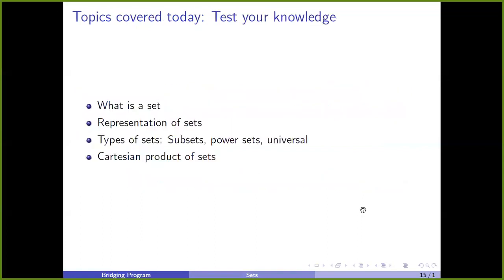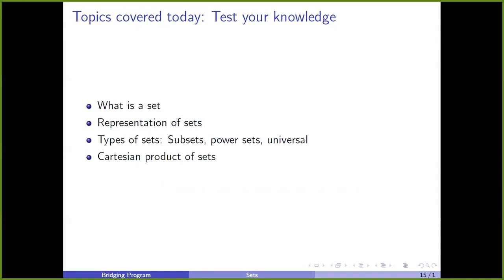Okay. So that's all that I have for today. It's basically a lot of definitions about sets. These are the topics that I covered. We tried to define what a set is, and we talked about how to represent sets, and we looked at various notations that you use, like subsets and proper subsets and so on.